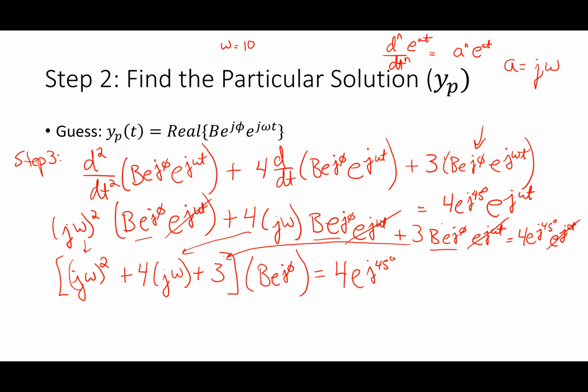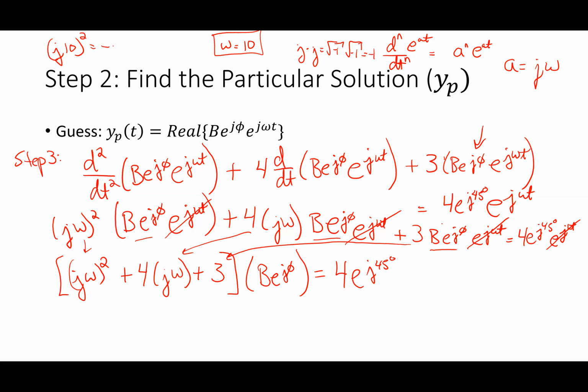Now that, I said, is effectively 2 equations. The thing I want to remember here is omega is a number. I said that omega is 10, so I know what that is. If I have j omega squared, that would be j 10 squared. j times j is square root of -1 times square root of -1, which equals -1.